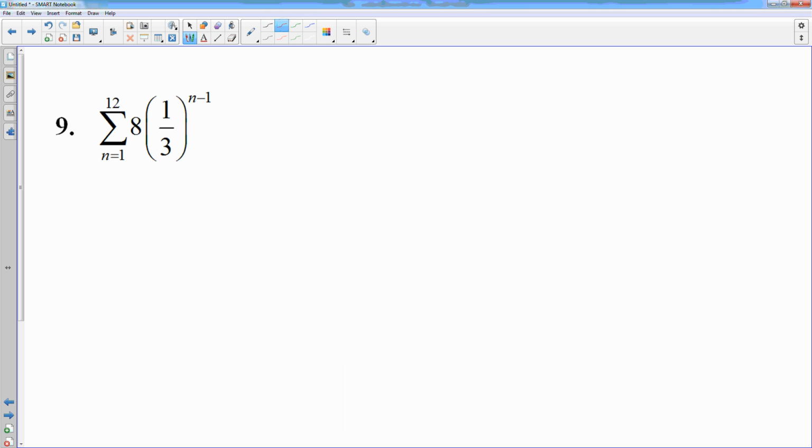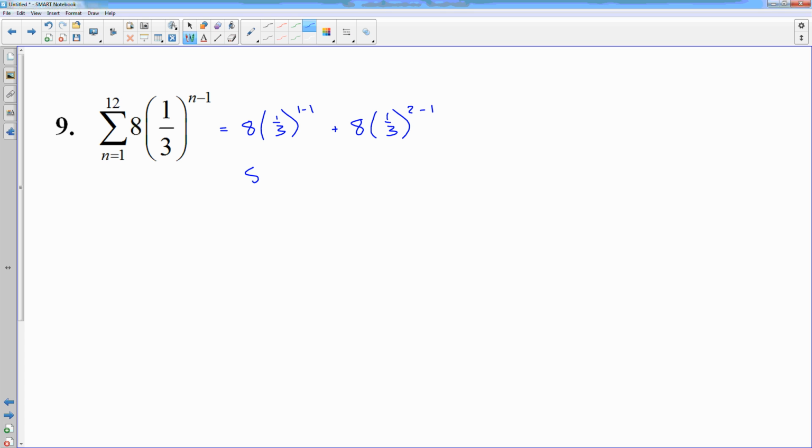Let's try this one. Now this one is in the sigma notation. Remember, you want to know how many terms there are. You need to know what the first term is and what the ratio is. And the way I like to do that is I'll simply plug in my first two terms. If I plug in 1 for n, that's 8 times 1/3 to the 1 minus 1. My second term is going to be 8 times 1/3 to the 2 minus 1.